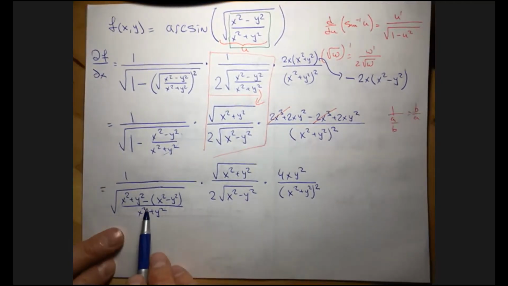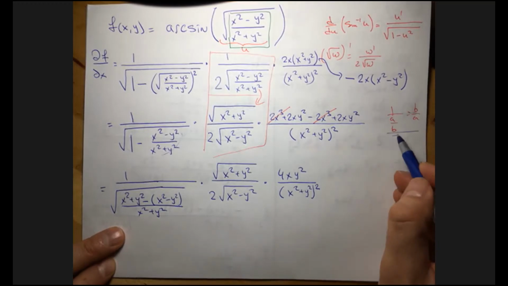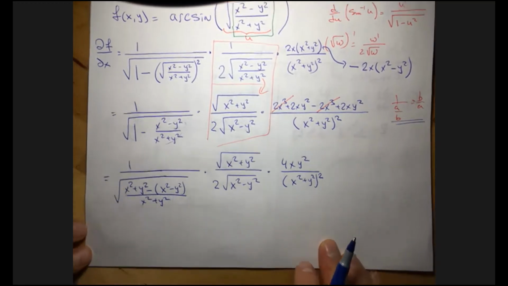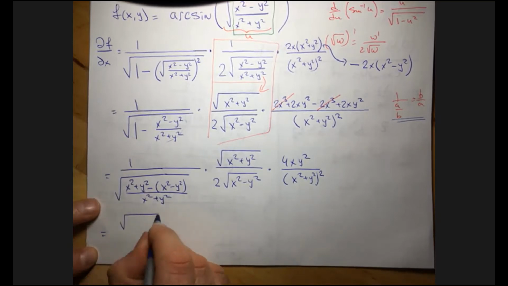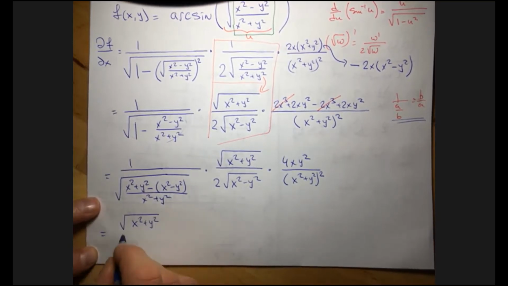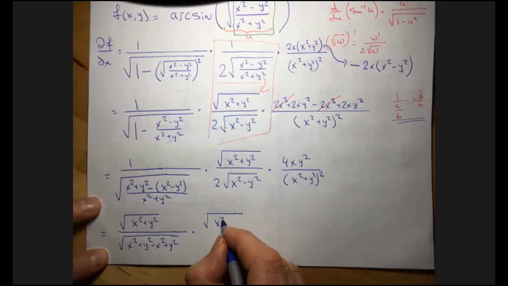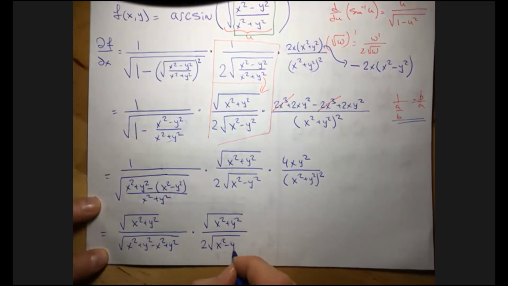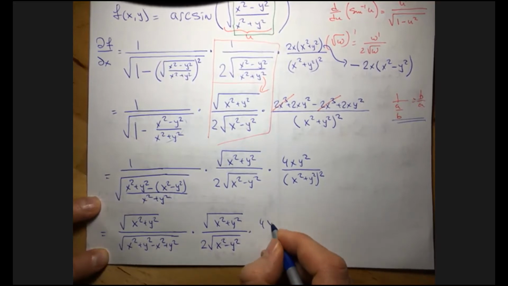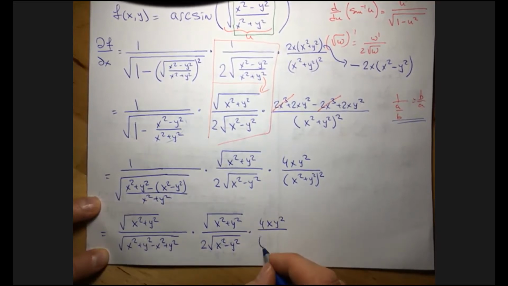And for this expression, I use this identity also. So this ends up being square root of x squared plus y squared over square root of, I drop the parentheses here, x squared plus y squared minus x squared plus y squared, times square root of x squared plus y squared over 2 square root of x squared minus y squared, times 4xy squared over x squared plus y squared, squared.